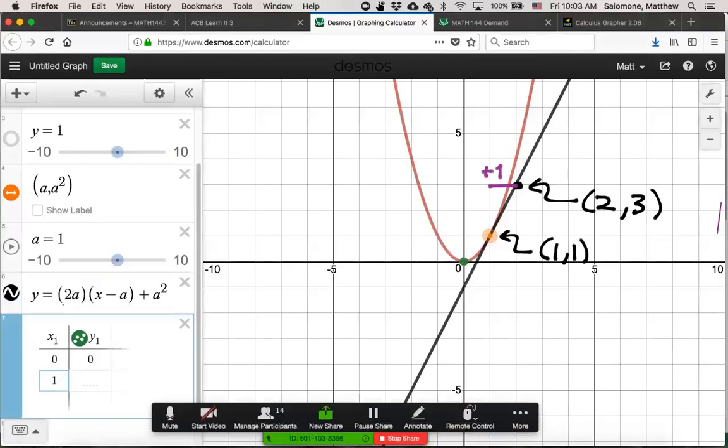That's the difference in my x values, 2 minus 1. And the rise is the difference in my y values, 3 minus 1, which is going to give me 2. And so the slope of this tangent line, and I'll write this out using the slope formula here, y2 minus y1 over x2 minus x1. That's +2 divided by +1. That slope is 2.